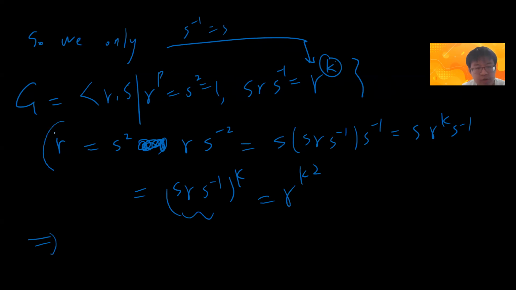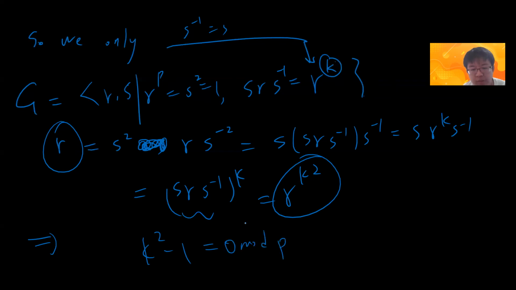So from here, you know that R equals R^(K squared), so K squared minus 1 must be 0 mod P. But the problem is that P is prime, so there are only two cases: P divides K minus 1, or P divides K plus 1.